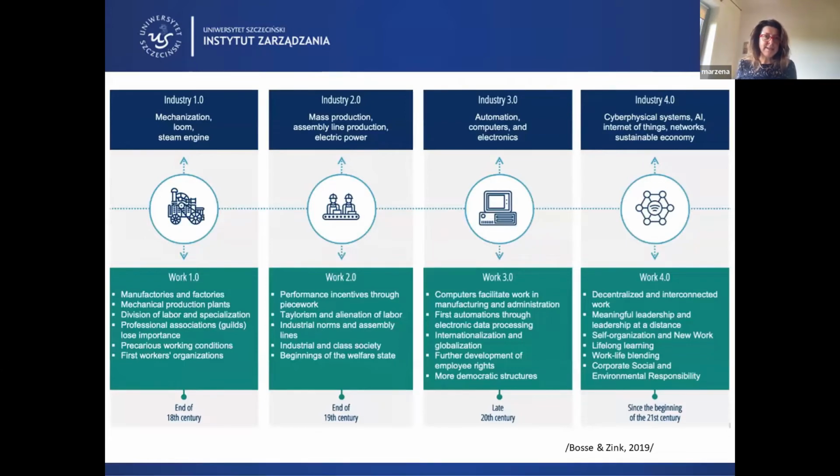Okay, you can see here the slide of the four industrial revolutions, of course, from Industry 1.0 to Industry 4.0. But you can see also the changes relating to the work, so organization structure too.